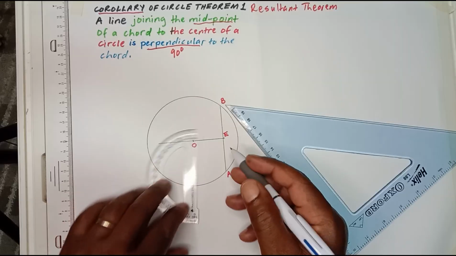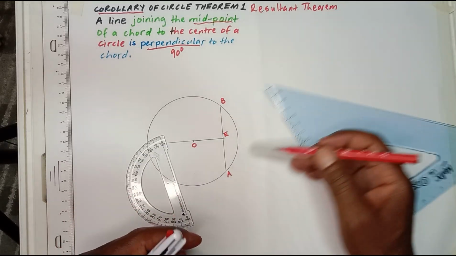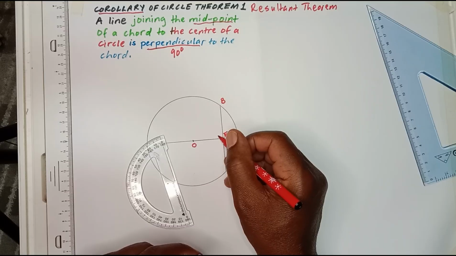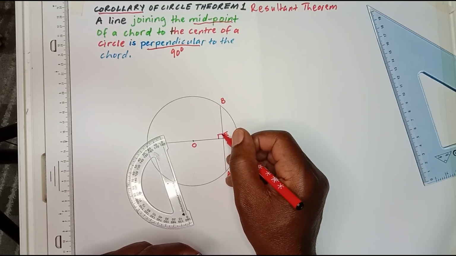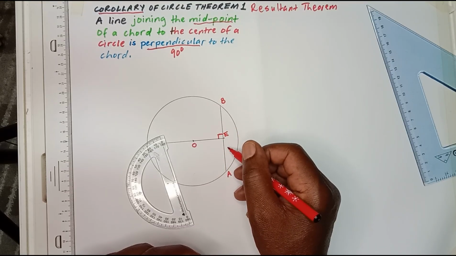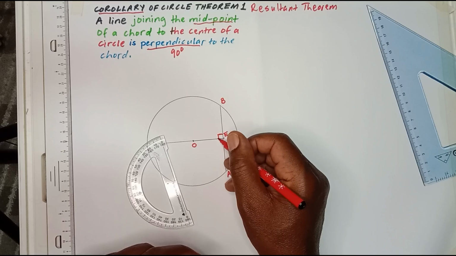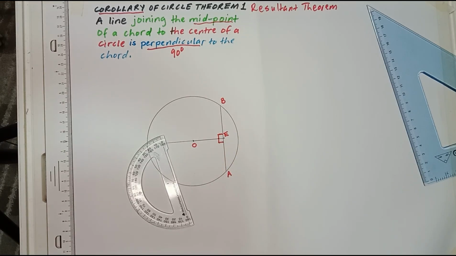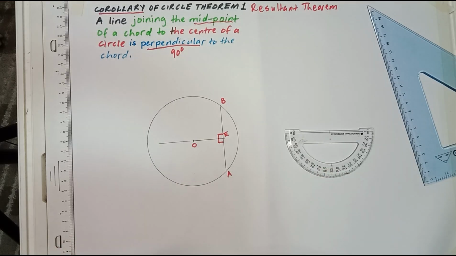So it's now safe for us to say angle OEB is equal to 90 degrees and angle OEA is also equal to 90 degrees. So this is the corollary theorem.